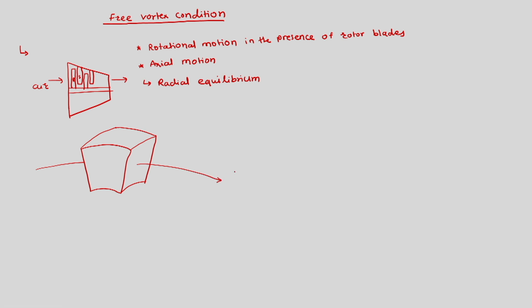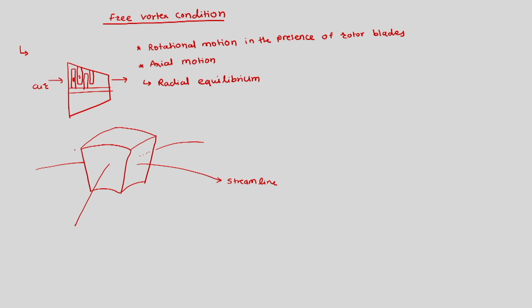So this fluid particle is going along a streamline, in a steady flow, but this fluid particle is also rotating along with the rotor. So this is the rotational direction.